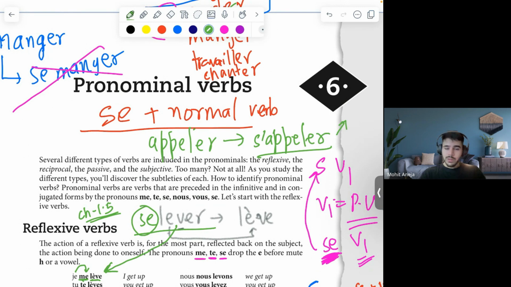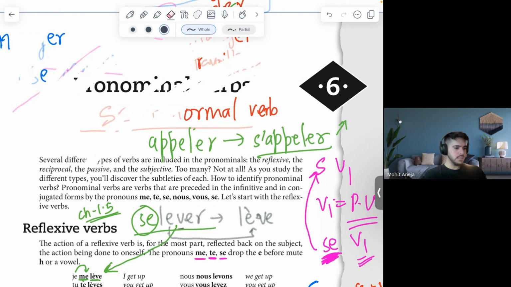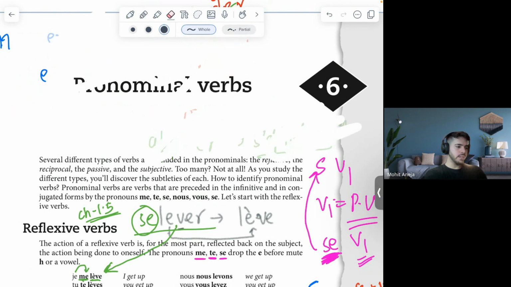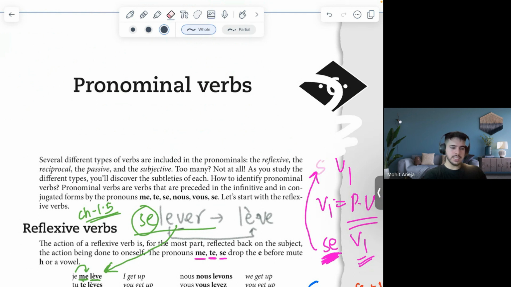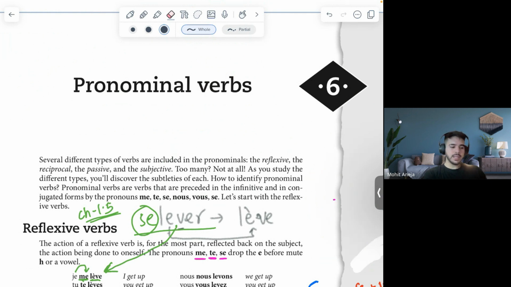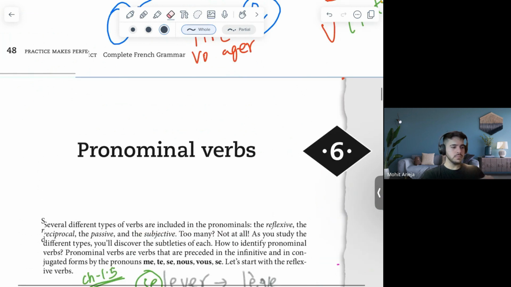Okay, the one thing that I want you to take away from this lesson is, it is possible that the normal verb and the pronominal verb that looks like it may mean entirely different things. What did I just say?